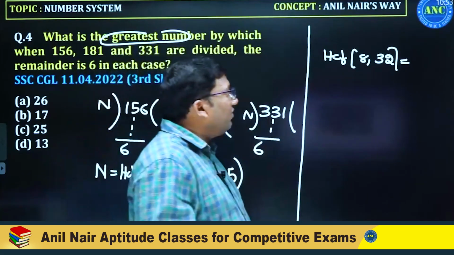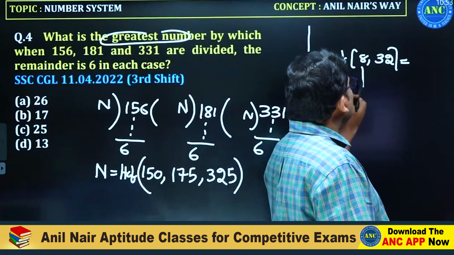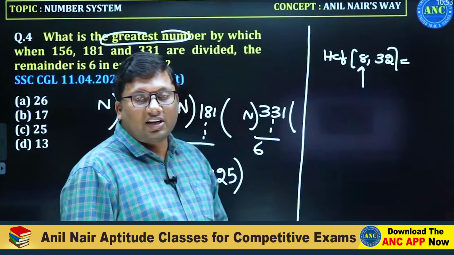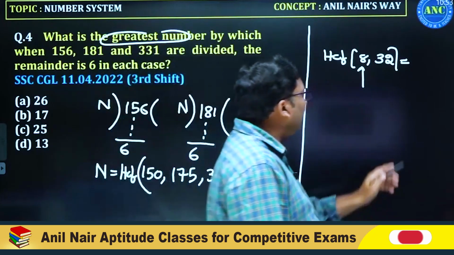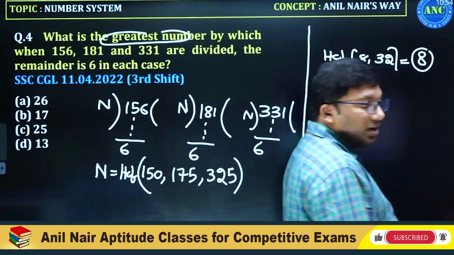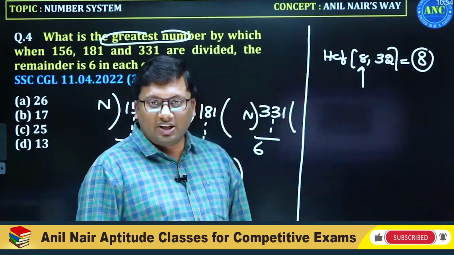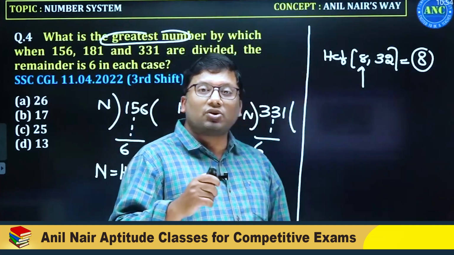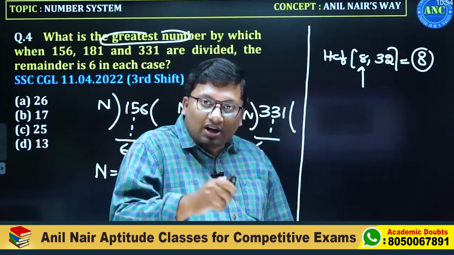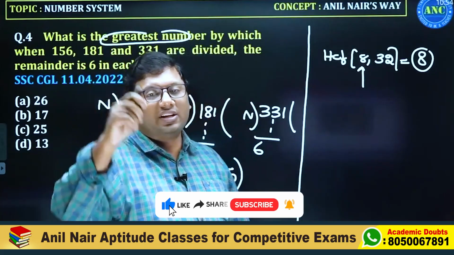For LCM, the attention will be on the largest number. The smallest number is 8. Is 8 dividing 32? Yes. So the answer for this question is 8. Whenever you are determining HCF, give attention to the smallest number, which should divide every other number.